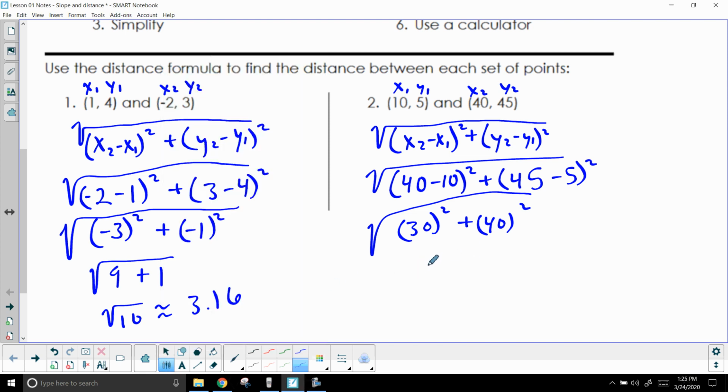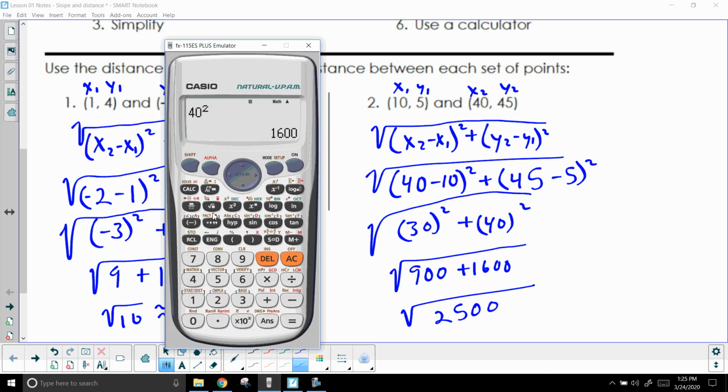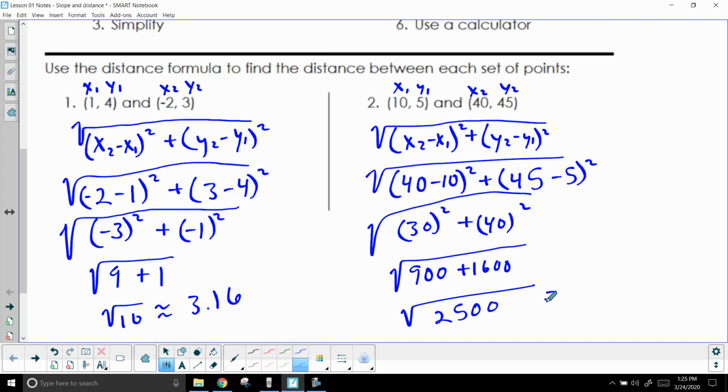So 900 plus 1600, and add that up, we get 2500. So if you want, you can use your calculator. Square root of 2500 is 50. Boom.